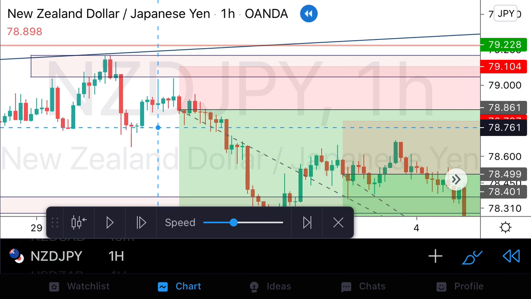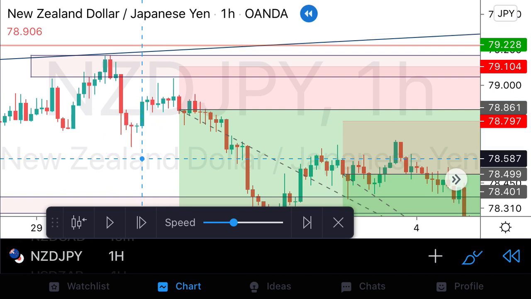When we open a position, we have no idea whether that position is going to be a winner or a loser. But we understand the probabilities that we win more often than we lose. And also we understand our risk to reward ratio, that even if we lose 7 out of 10 trades with a good risk to reward ratio of 1:3, we can still only win 3 out of 10 trades and still be profitable traders.